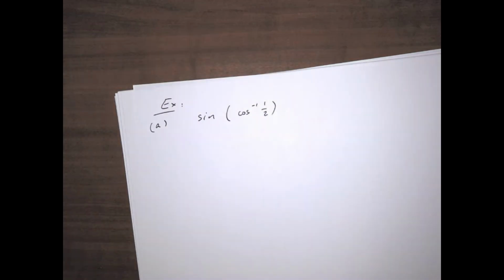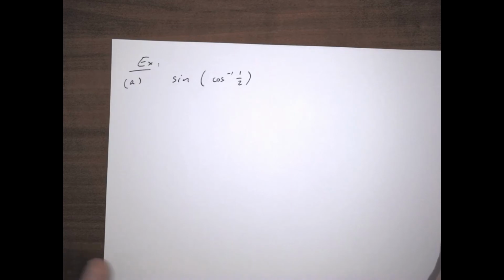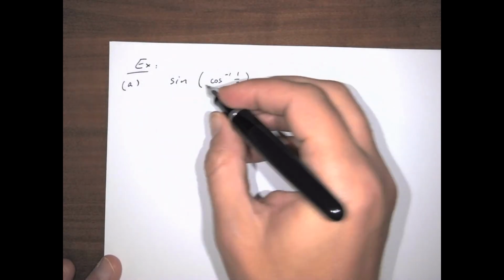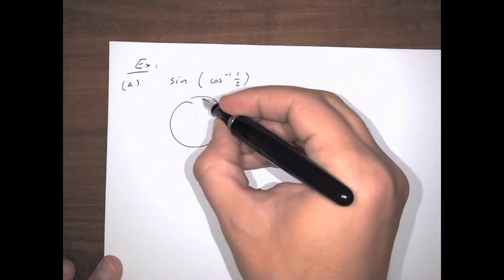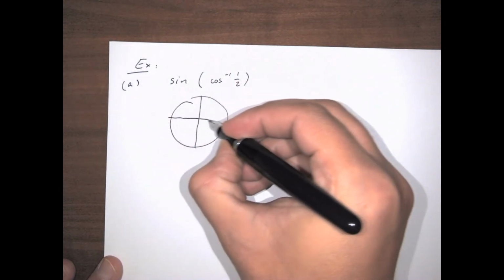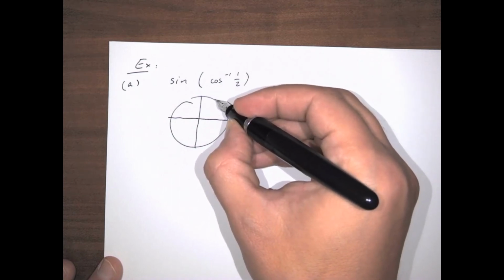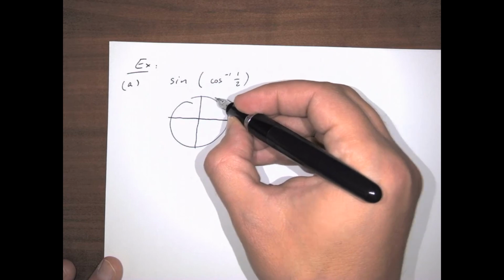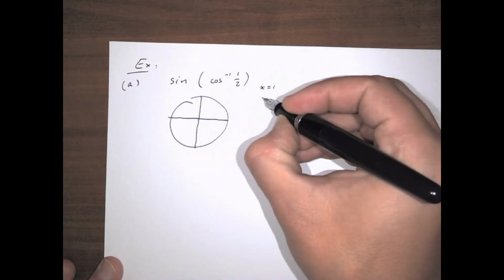Now, it turns out that this is a perfectly familiar number for us as far as our known values of the unit circle. But just in case anything was a little unsure, let's go ahead and think about what this would mean. 1 over 2, so that means an x value of 1, and I could use an r of 2 if we were thinking about it. So x equals 1, r equals 2.